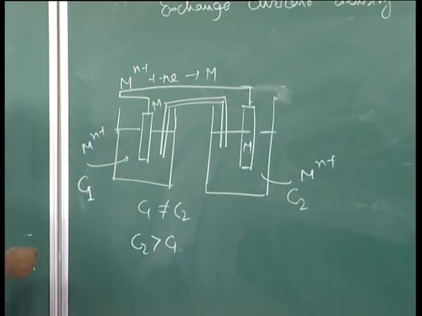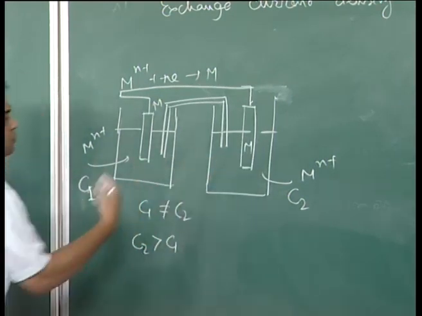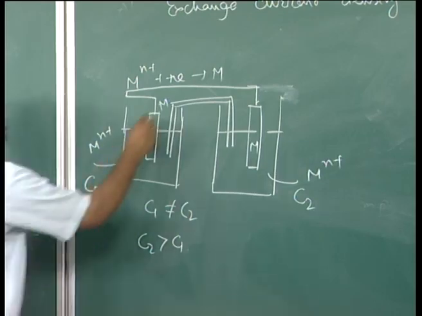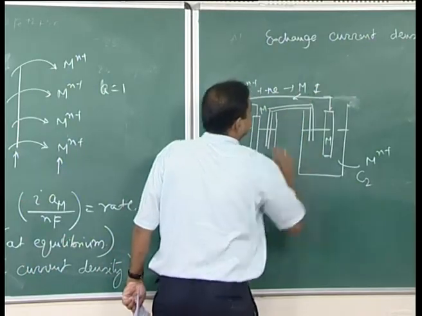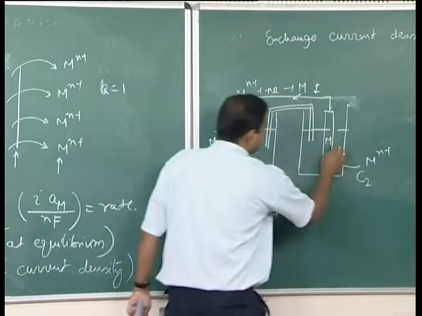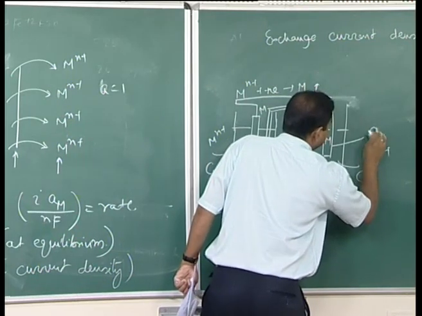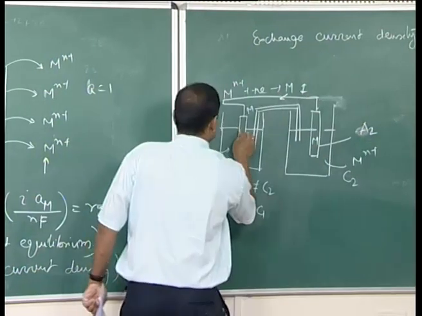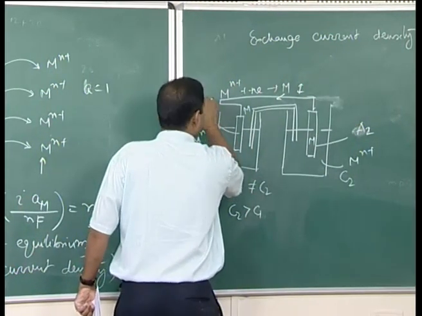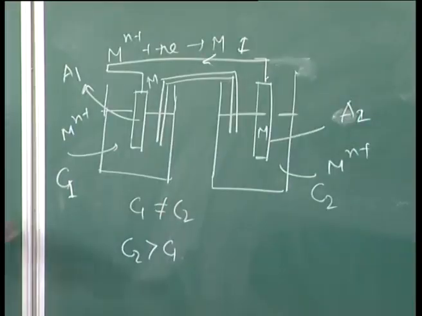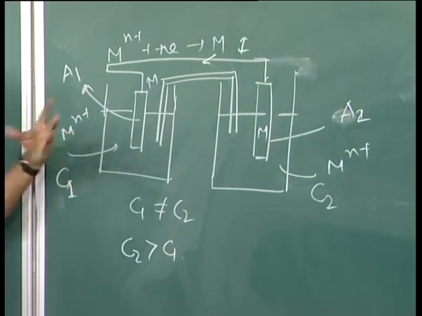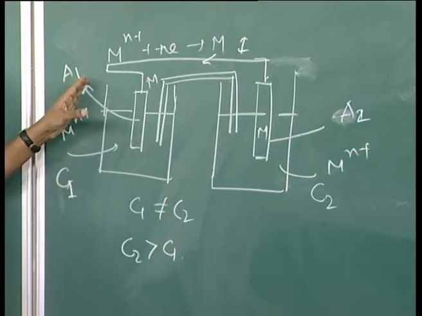Now, let us say the two areas exposed to the solution are different. In the external circuit, the current is I. Here the exposed surface is A1, here A2. Now, the same current is flowing through those two electrodes, but the area exposed to the solution is different for the two metal surfaces.